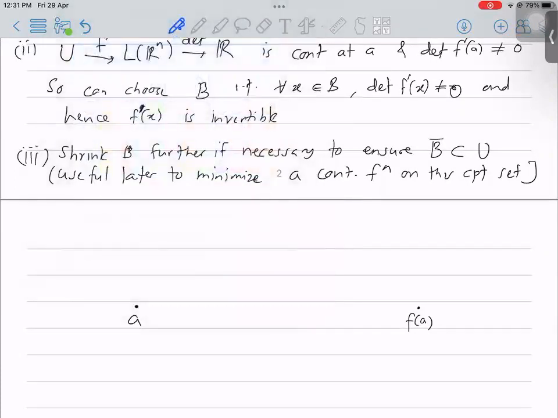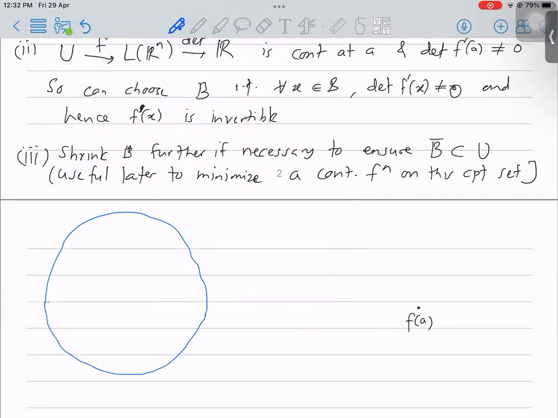So let's draw this. This is the ball that I have chosen with respect to the given. So this is the ball B.